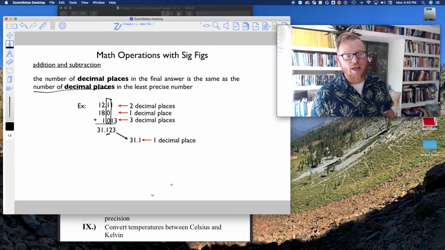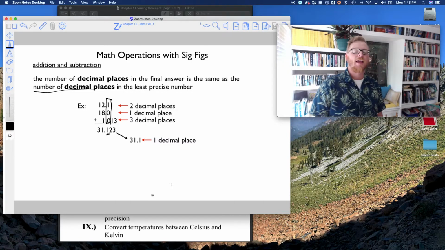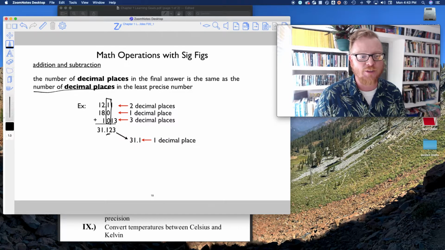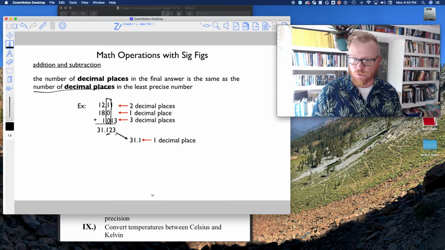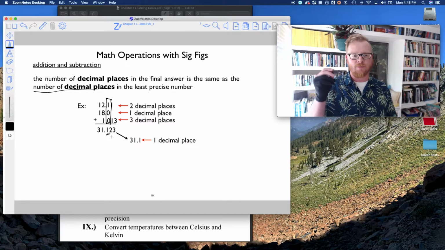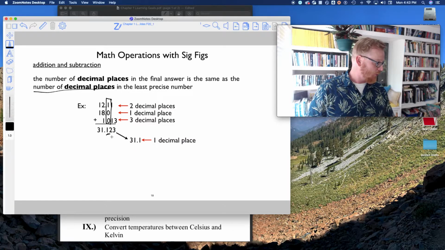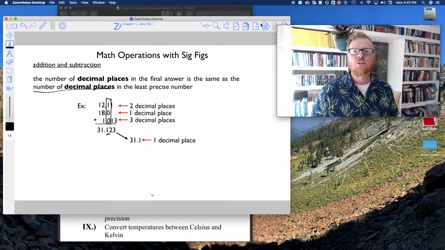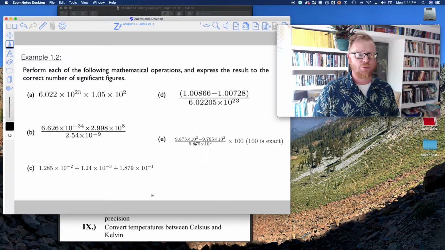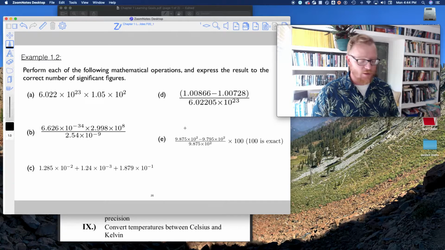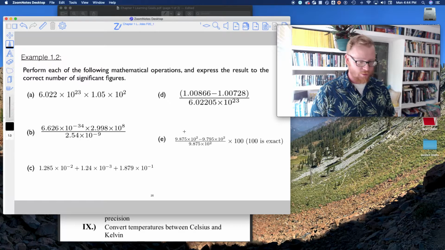That's our rule with addition and subtraction. If you want to line the numbers up like elementary school arithmetic, from top to bottom, lining up the decimal place, that's a good strategy, and that's perfectly okay to do. So let's work through a few examples. This time I'm just going to work our way through them together, okay?